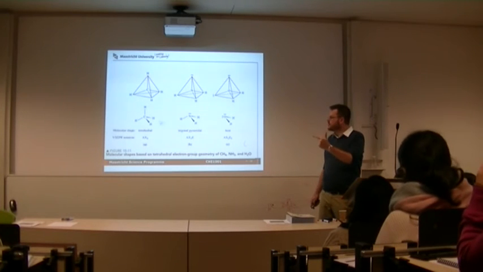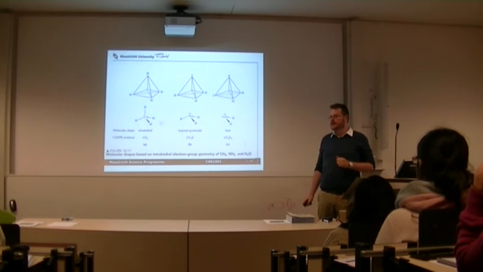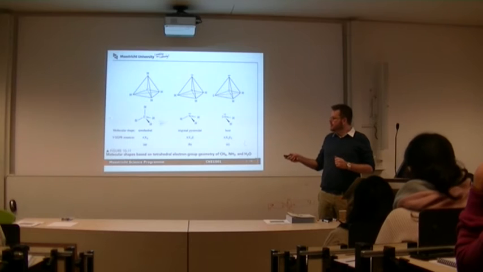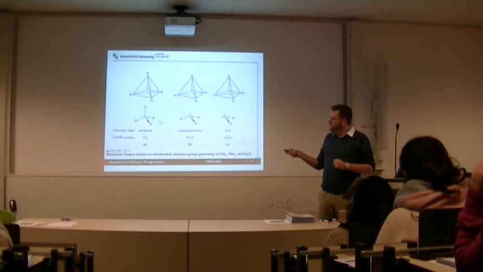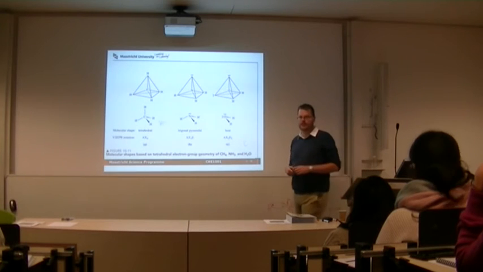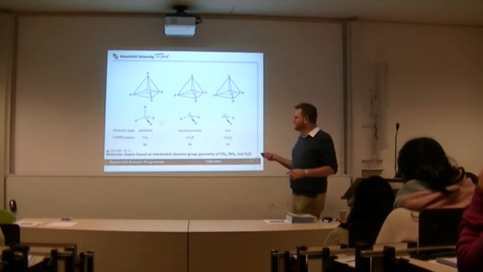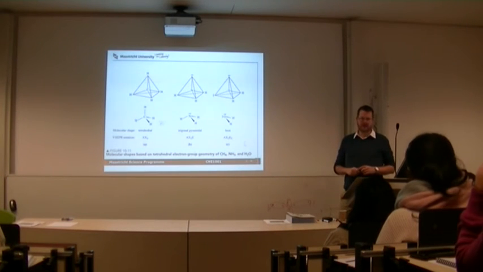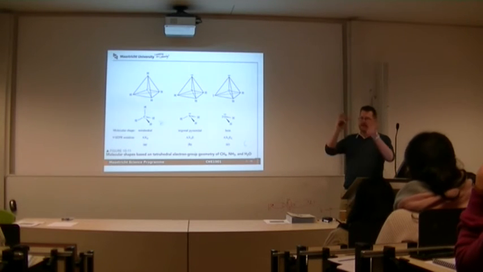From the correct Lewis structure, you figure out what the electron group or electron pair geometry is, in other words, how many electron pairs are around the central atom. That will tell you what the electron group geometry is. And then depending on how many lone pairs you have, you can figure out the molecular geometry. That's the process. Now I'm going to show you a table of this, which might make things a little bit clearer.